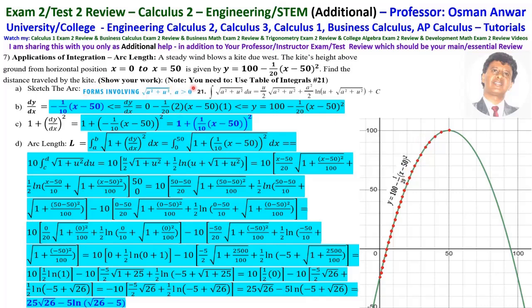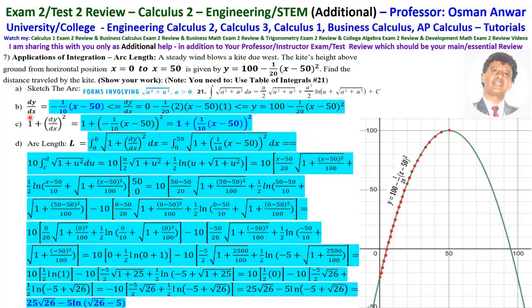So we're going to need to use table of integrals number 21, which is the integral of square root of a squared plus u squared du equals u over 2 times square root of a squared plus u squared plus a squared over 2 ln |u plus square root of a squared plus u squared| plus c. We're going to use this formula to integrate this.